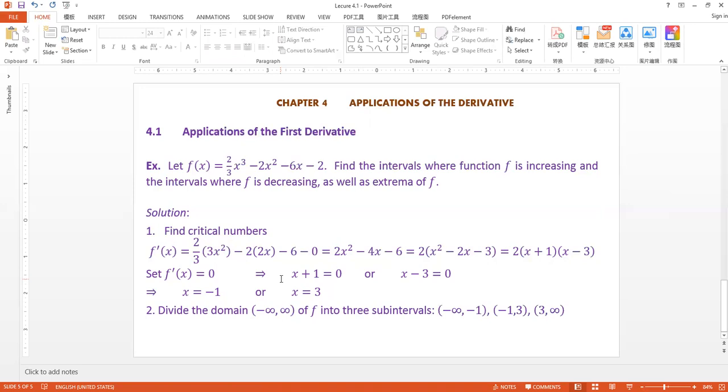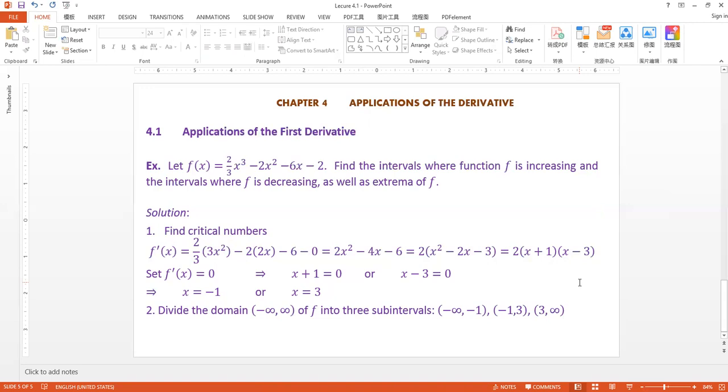And then the next thing is, as we know, in each subinterval, the function f is either increasing or decreasing. It will not change its tendency. So how do we know whether the function is increasing or decreasing? We have to find some number inside each region and test.